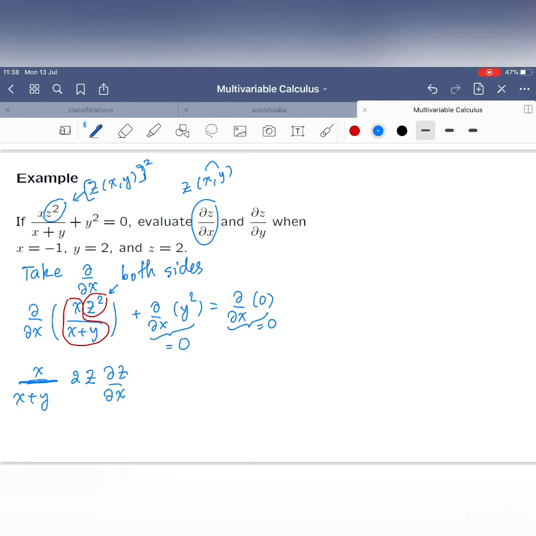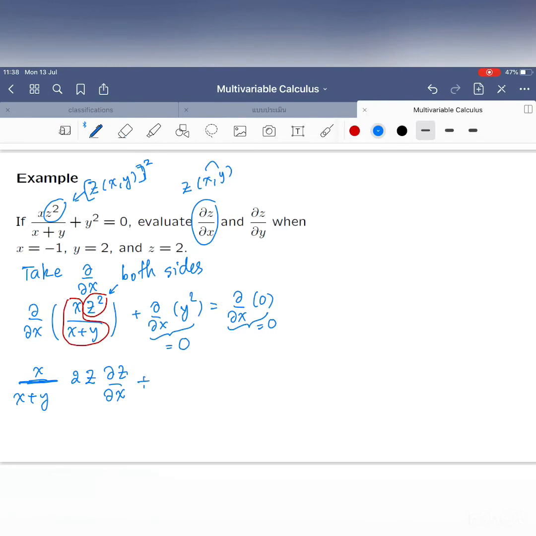We good, okay. So it looks like the same thing as you found previously, a derivative of y square, you have 2y and then y prime. This is the same thing, but instead of y prime, we use dz by dx.